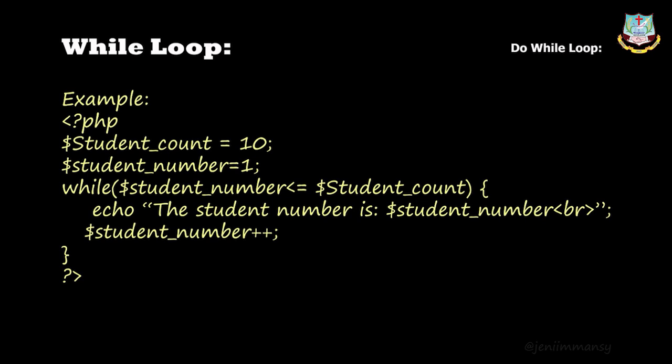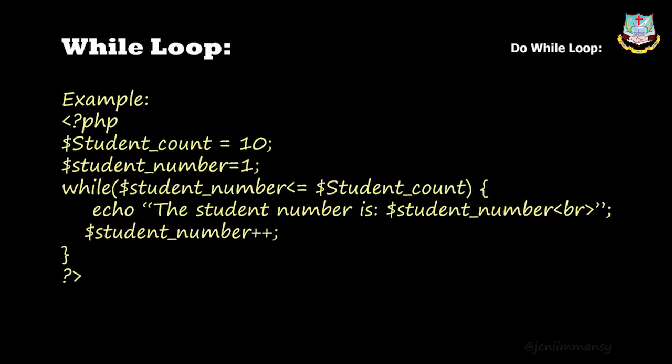First it will check this condition. If this condition is accepted or true, it will execute. The student number will be displayed. And then they have given the increment operator. So if the first student number is 1, this will be executed and the student number will become 2. Increment operator is there, right?